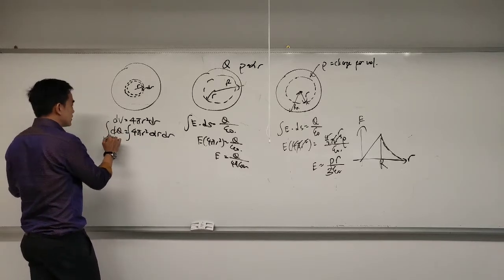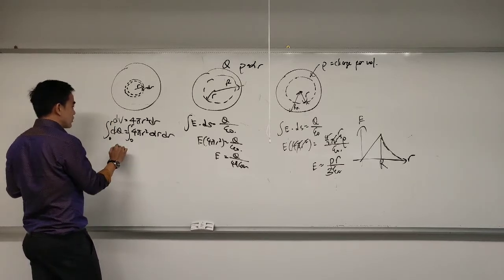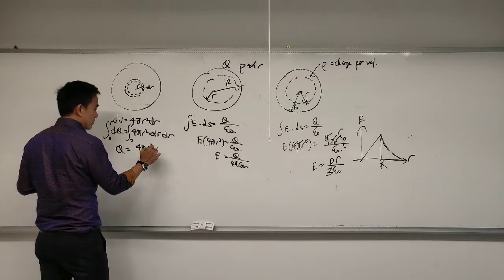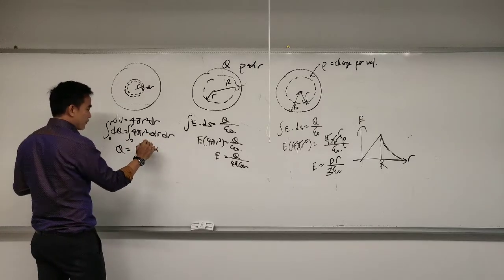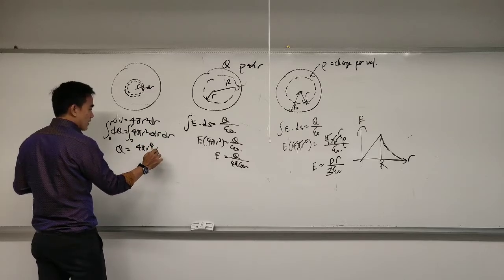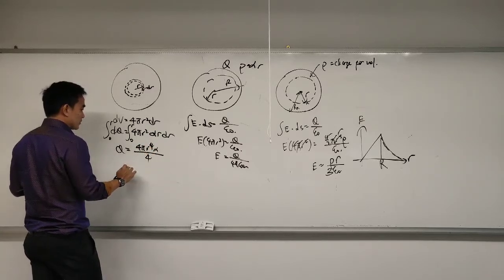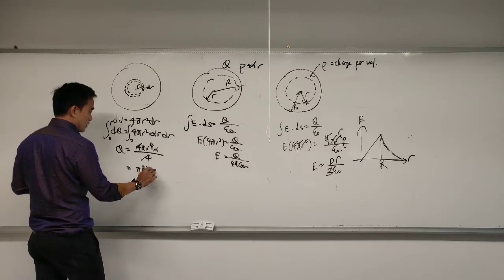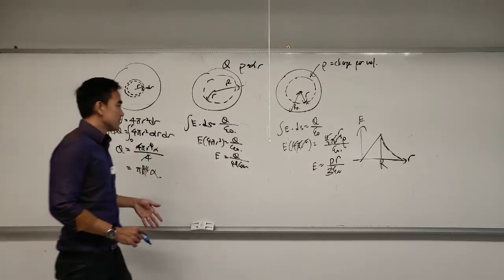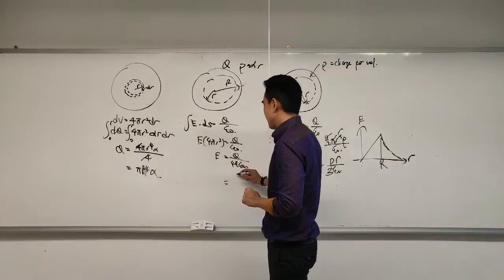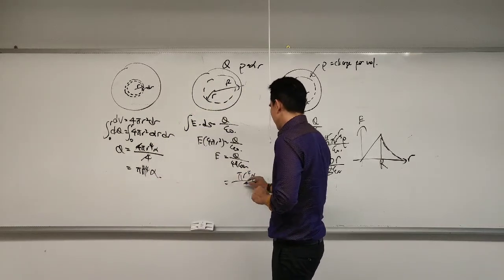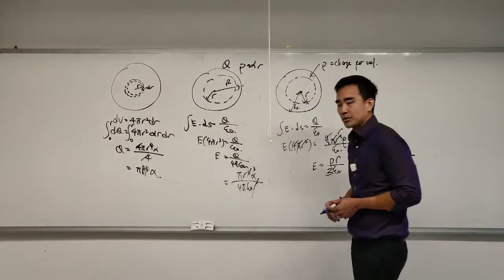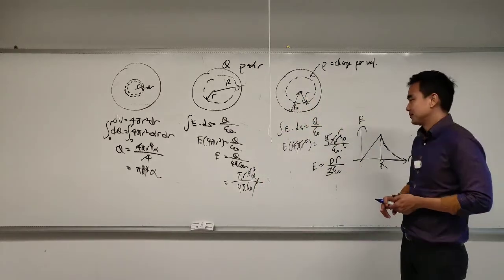So if you integrate this from 0 to r, this will give you the Q enclosed. In fact, this is r cubed already, so it will be r to the 4 divided by 4. So it will be pi r to the 4 times alpha. Plugging that in, this will give you pi r to the 4 alpha divided by 4 pi epsilon naught r squared. You cancel away, and this will give you the expression for the electric field strength.